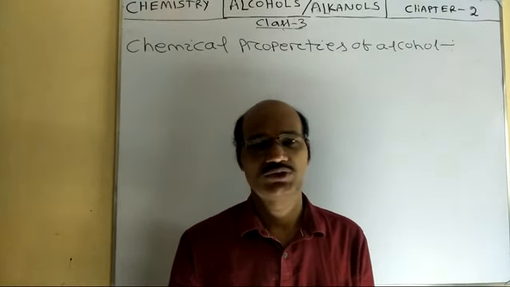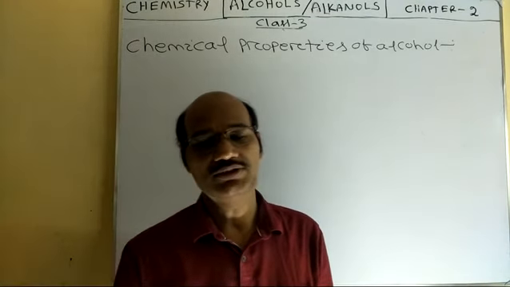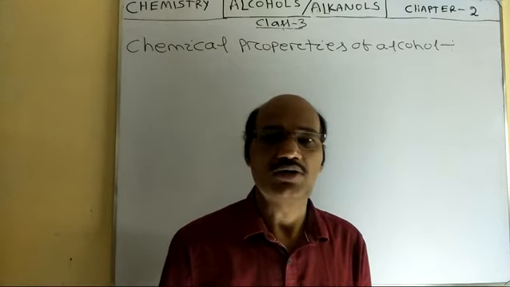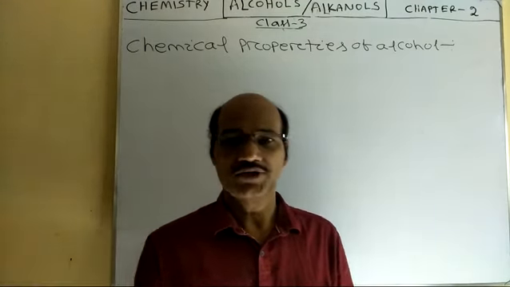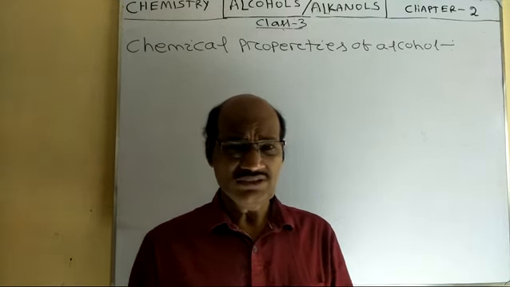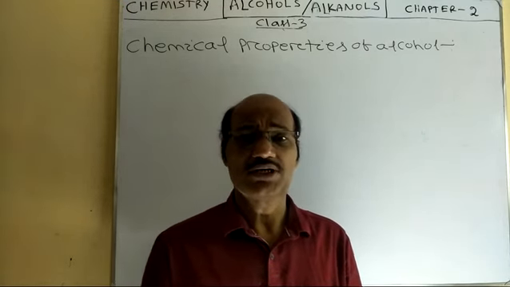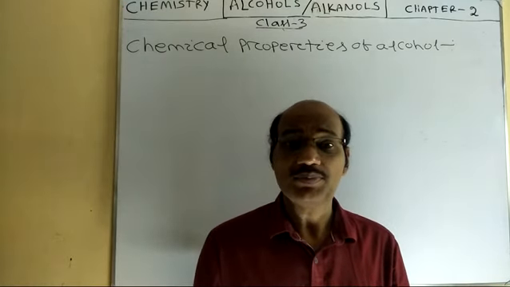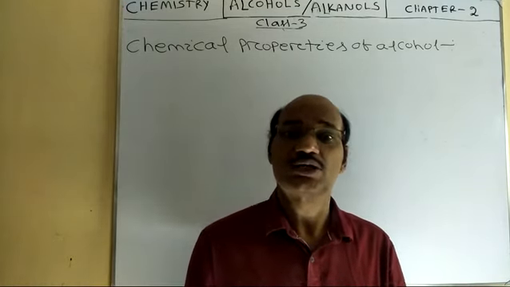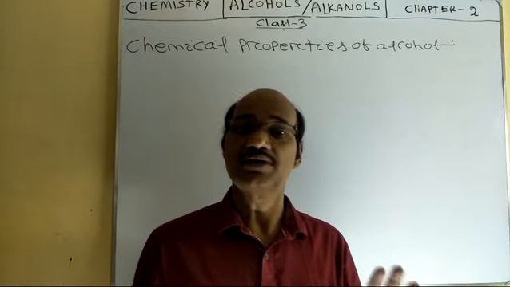Dear students, today we will discuss the chemical properties of alcohol. When we are talking about the chemical properties of a particular organic compound, it is the property of the functional group present in that organic compound.